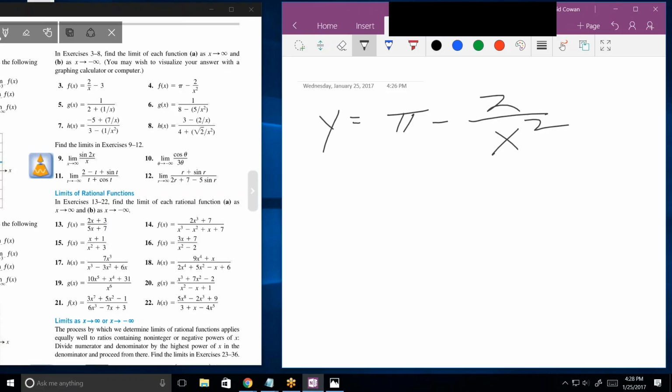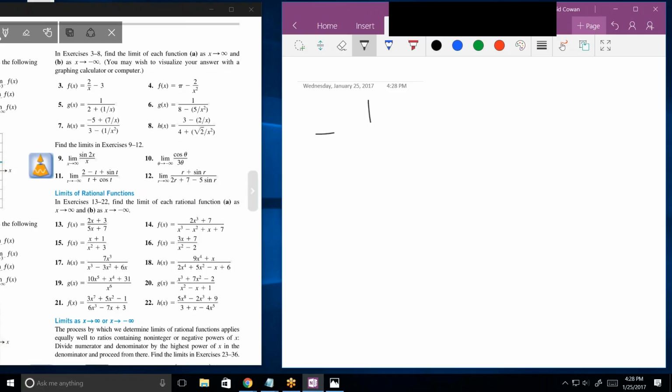In other words, it's not hard to figure out what those go to. So it goes to pi, in other words, as x goes to positive infinity. What does it go to as x goes to negative infinity? It would just be pi as well. Correct.